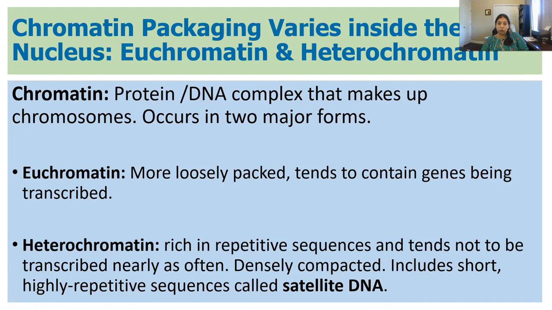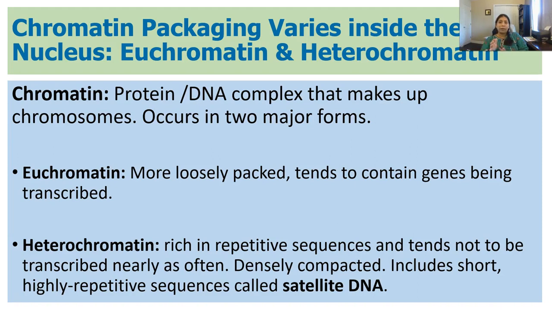And then you have heterochromatin that is usually related to the sequences that are not transcribed nearly as often. It doesn't mean they're never transcribed. Much of it, or some of it at least, is still going to be transcribed at some point during the cell cycle, but they are not used nearly as often, and they are going to be more tightly packed.